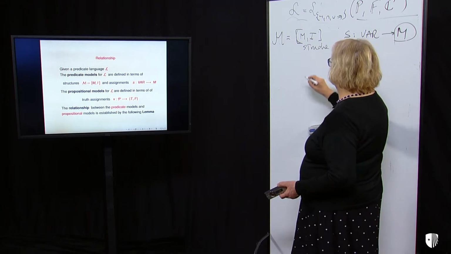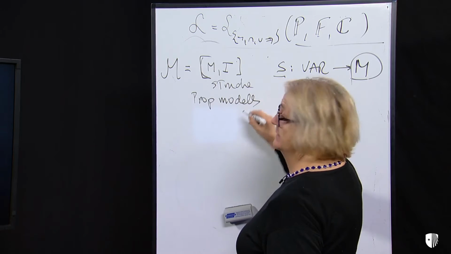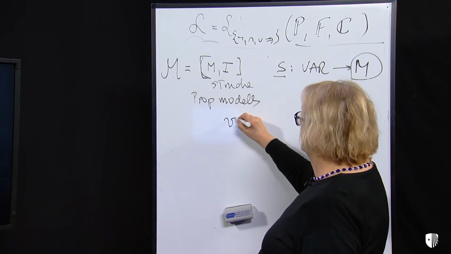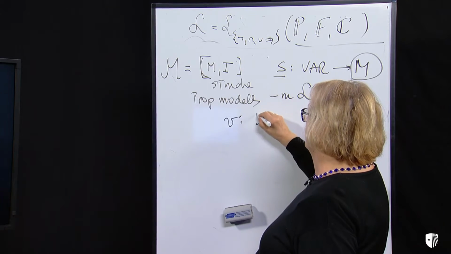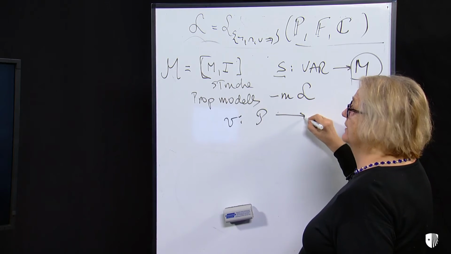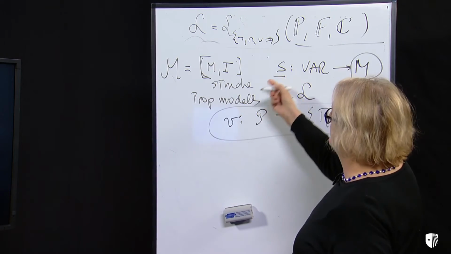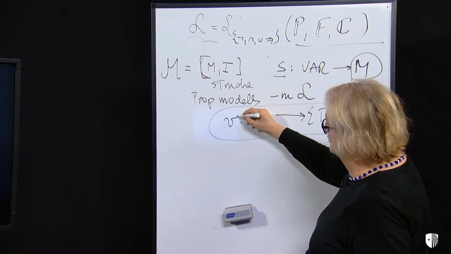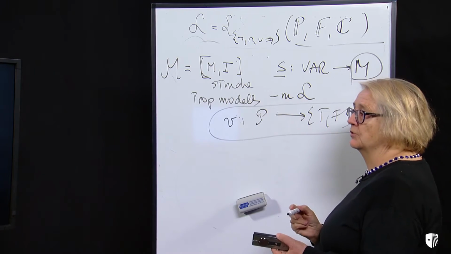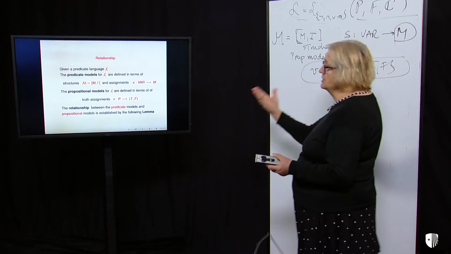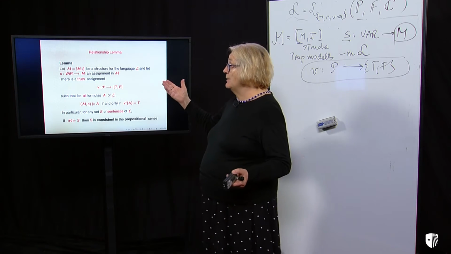And propositional models are now, in our L, of course, assignments V from prime formulas into {T, F}, right? That's why it's called a propositional model, and we define V star as its extension and so on. So the relationship between predicate and propositional models we can write as a lemma.